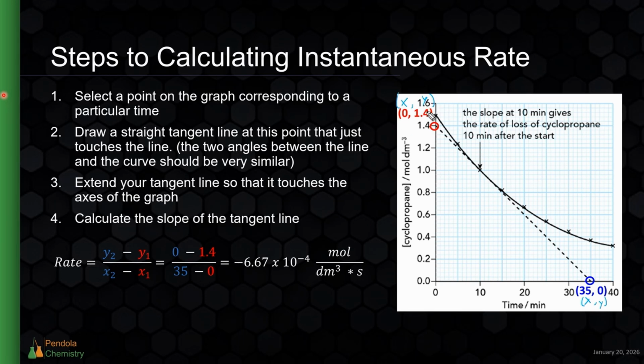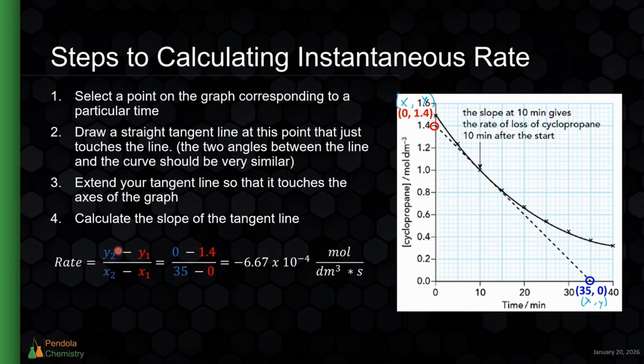So we have 0, 1.4, and then on the x-axis we have 35, which is the x-intercept, 0, because y is 0 here. We're then going to use those 2 points in order to calculate the slope of this tangent line. Remember, slope is just rise over run.